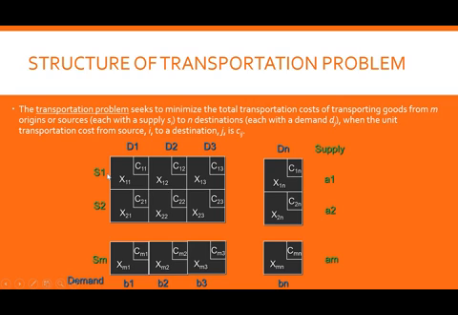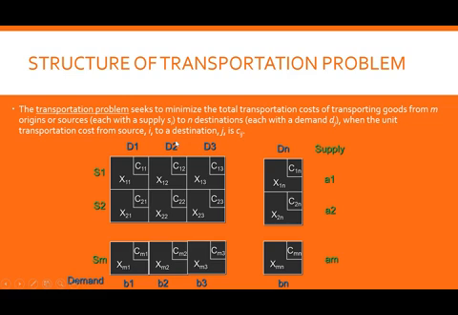When one unit of commodity is transported from I to J, let me say from source 1 to destination 1, if at all I am transporting, then the cost of transporting one unit is C11. That is what has been specified here. When the unit transportation cost from source I to the destination J is Cij.